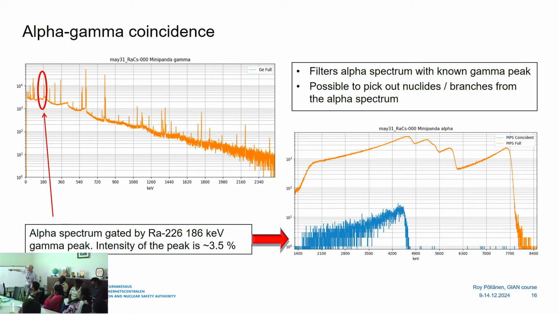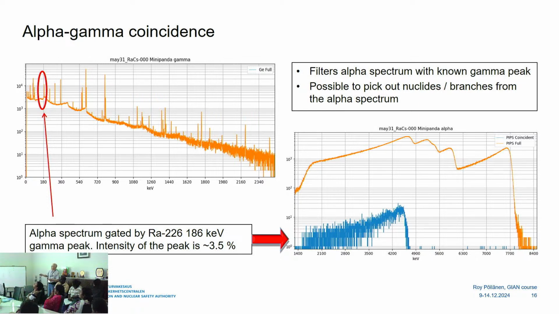We can select from the gamma spectrum this peak, the radium peak. You have to note that the radium peak intensity is normally very low. It emits only 3.5%.